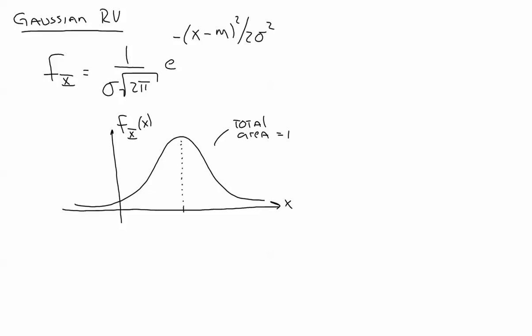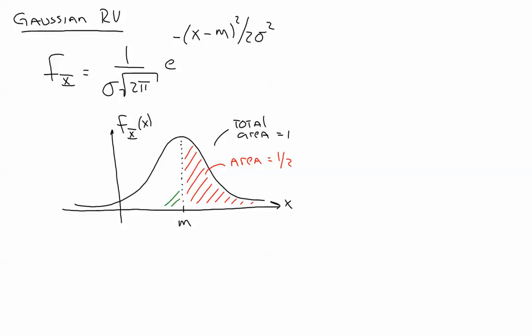This Gaussian probability density function is symmetric about the value m, and due to the symmetry of this probability density function about m, I know the total area is 1, so the probability that random variable x takes on a value greater than m, this red hatched area, is a half. The total area is 1. The red hatched area is a half, and that's due to the symmetry of the problem.